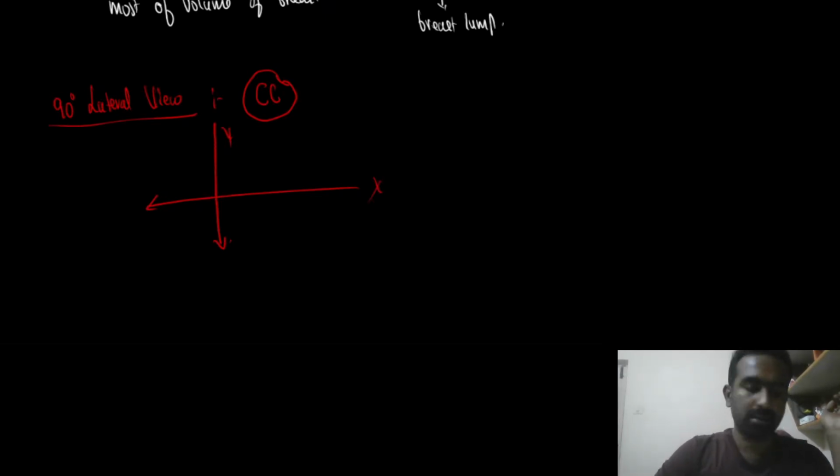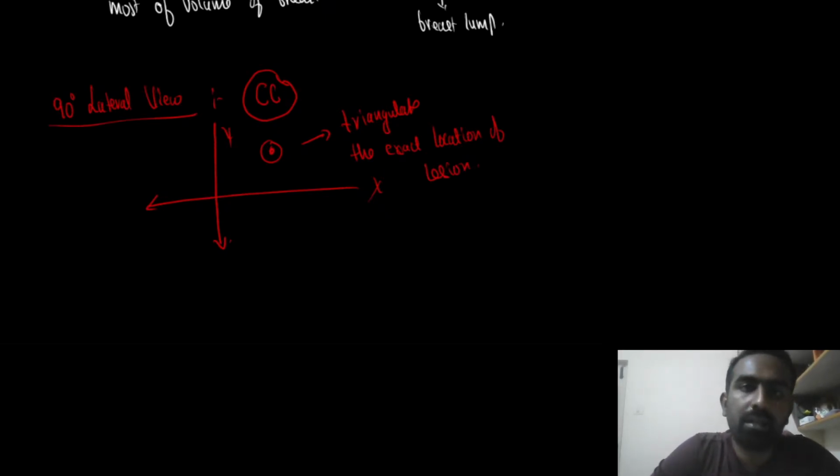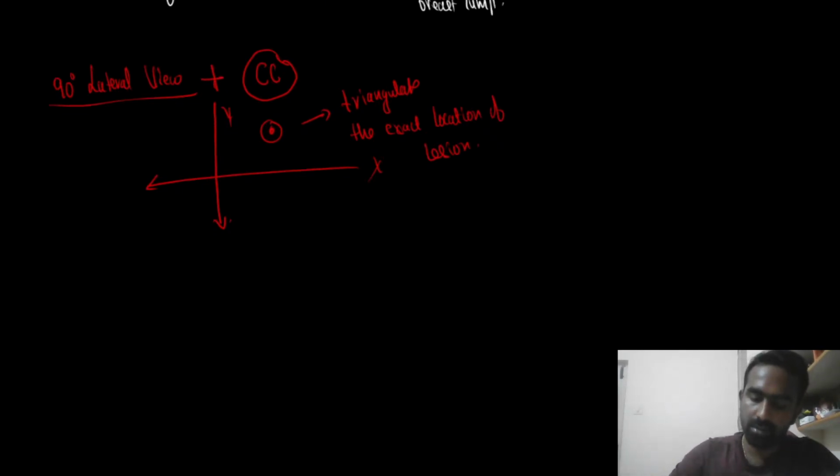See, this is the craniocaudal view and this is the 90-degree lateral view. Let's say this has the y-axis and this has the x-axis. This is used to point out where the lump is, that is, to triangulate the exact location of the lesion. The 90-degree lateral view along with the craniocaudal view is used to triangulate the exact location of the lesion.